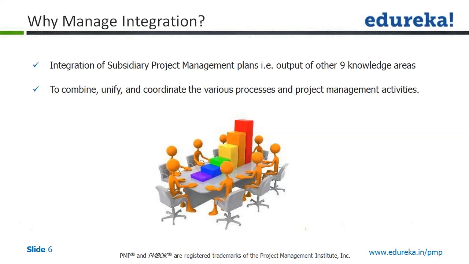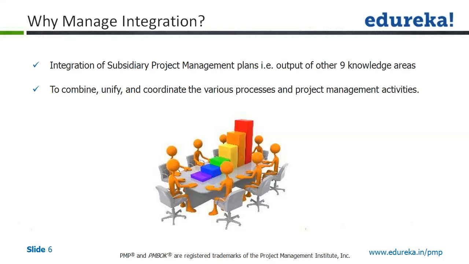So why manage integration? If you remember, I discussed that among the various other processes in the planning area, for example, Plan Communications Management, the output is the communications management plan. Plan Risk Management, the output is the risk management plan.